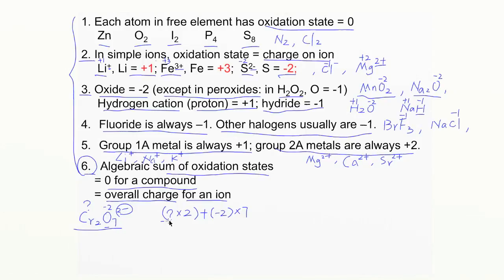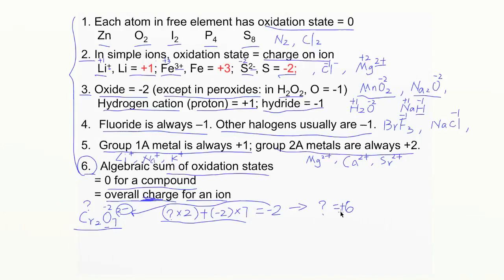You add all of them together, and that equals negative 2. Where does that negative 2 come from? It comes from the charge of this ion. So we are using this overall charge criteria here. If you do the calculation, the question mark, the oxidation state for chromium, should be 6, positive 6.